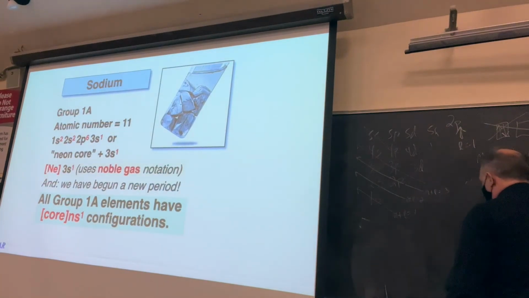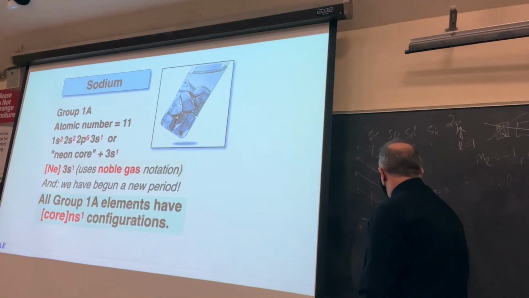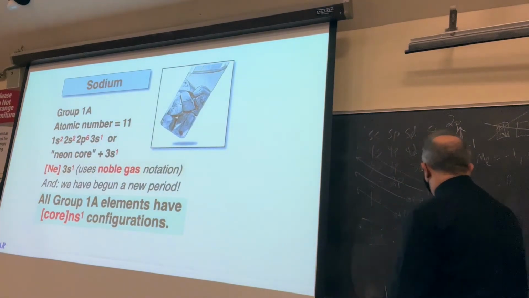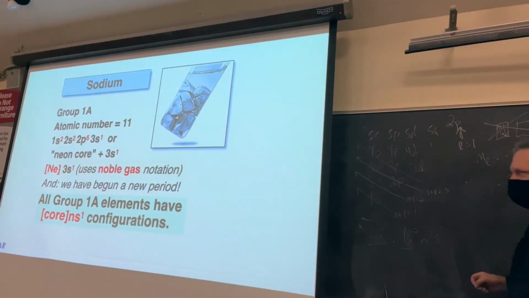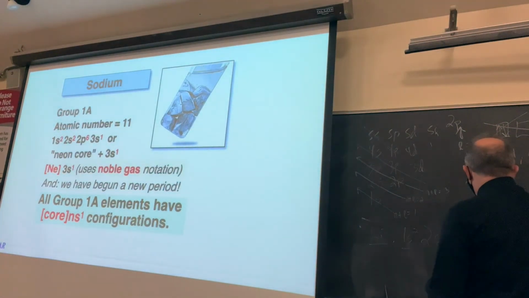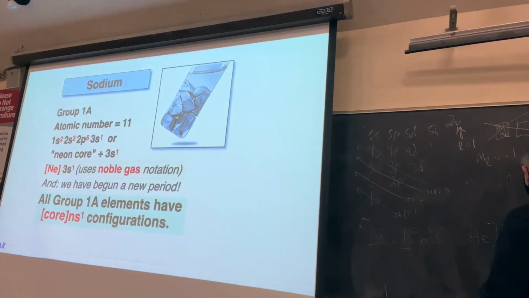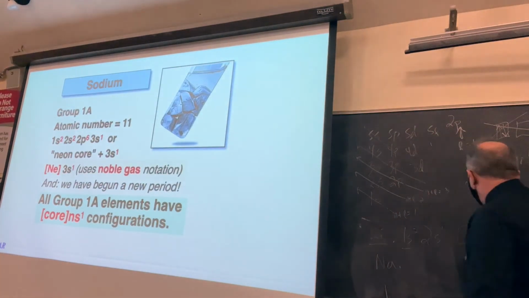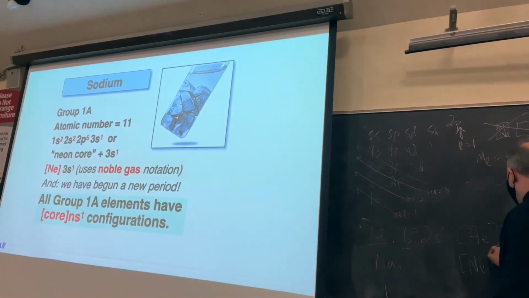But anyway, we saw earlier that lithium was 1s2, 2s1, and 1s2 is the helium core. So we could have written this as helium 2s1, just like we saw that sodium was a neon core 3s1.